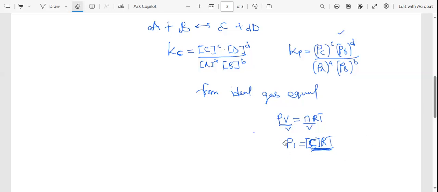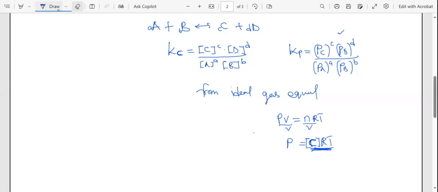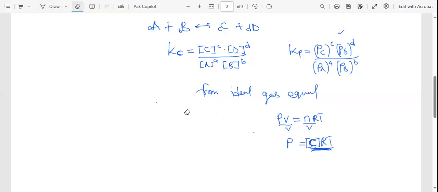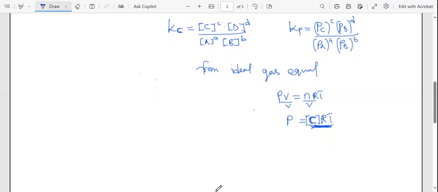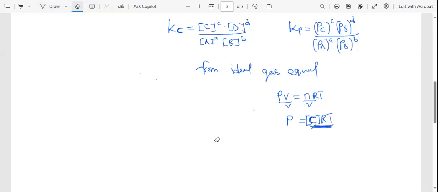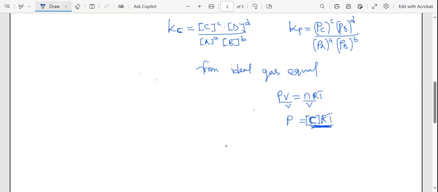So we'll get this Kp now. My handwriting is very bad.